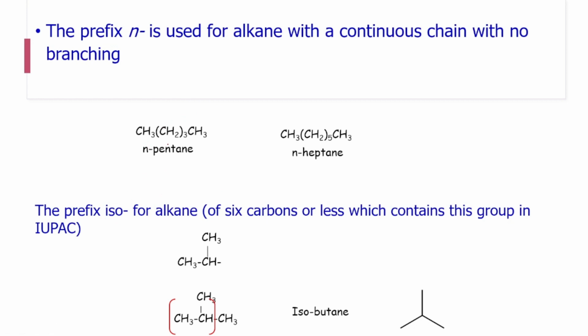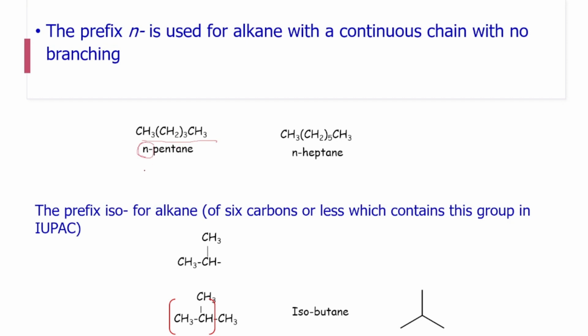For example, let's start with pentane. Pentane is an alkane which contains 5 carbons. If the compound is in the form of a straight chain, no branches at all, we add the prefix n to the name.